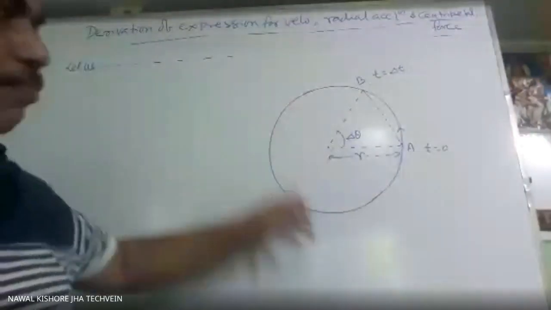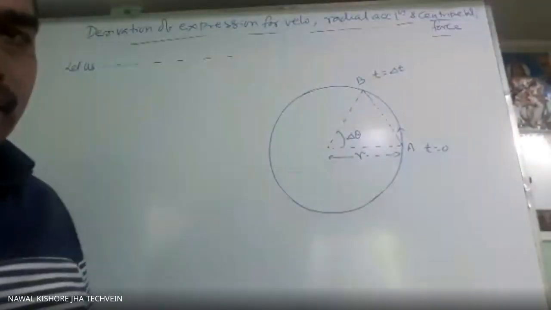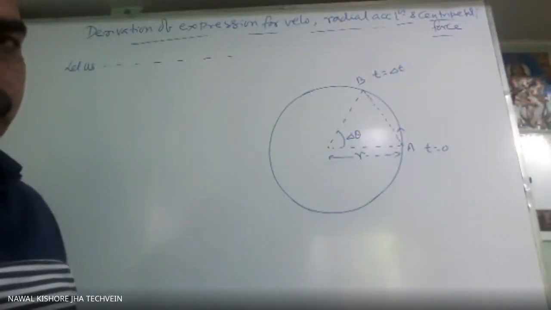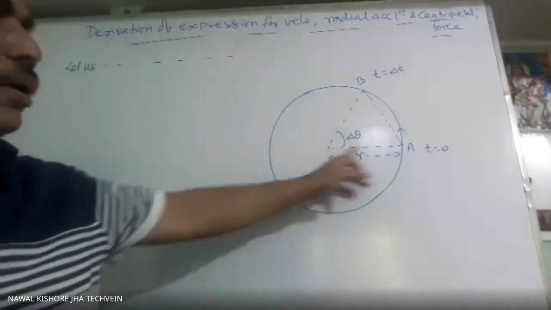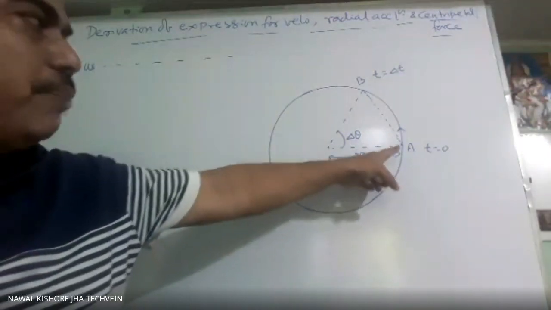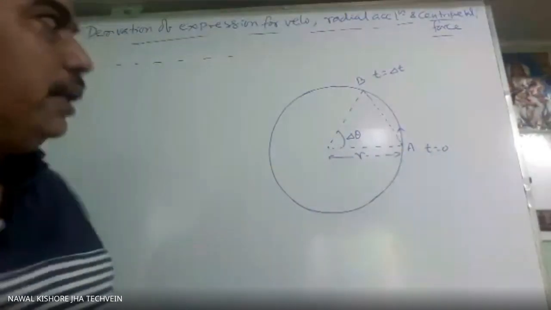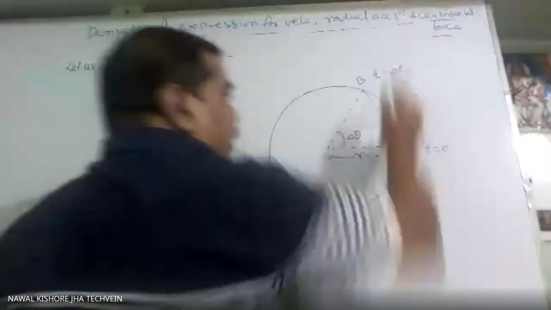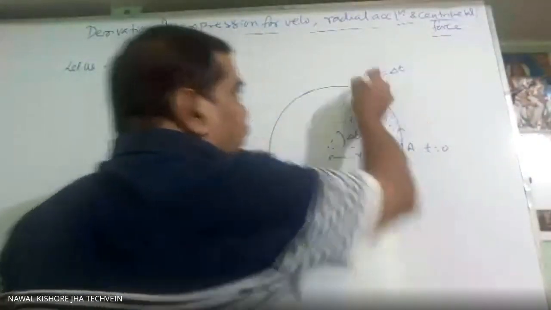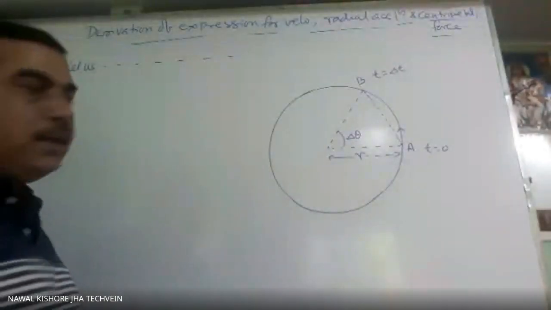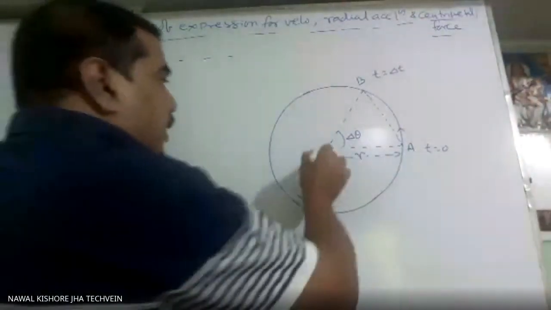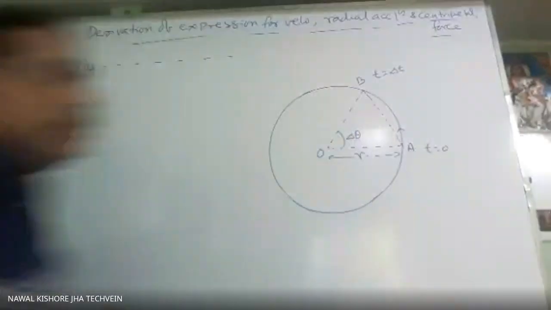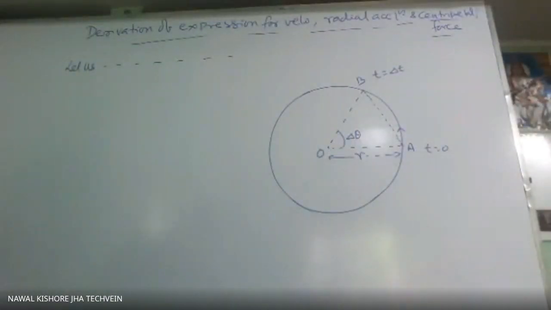At t equal to 0, let the particle's position be at point A, and after time delta t, the particle reaches point B, and the radius vector makes an angle of delta theta at the center of the circular path.